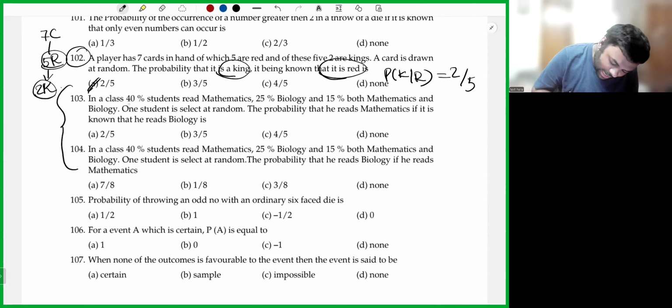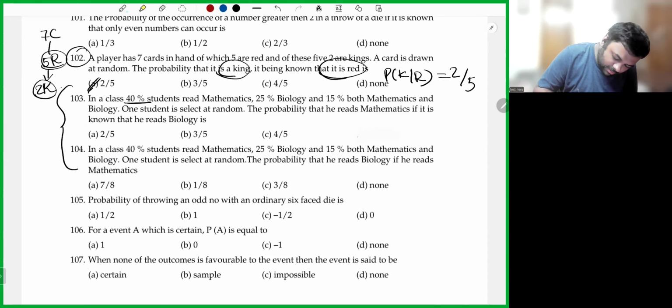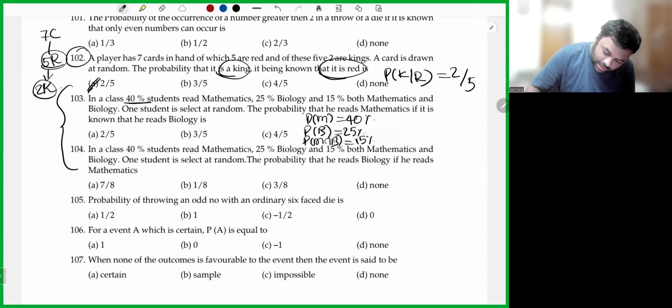Next. In a class, 40% students read mathematics. P of M is 40%. 25% students read biology. There are 15% students who read both maths and biology. The probability that he reads mathematics, it is known that he reads biology.